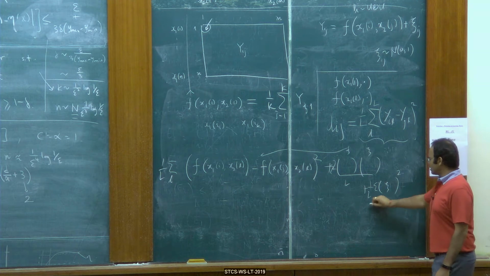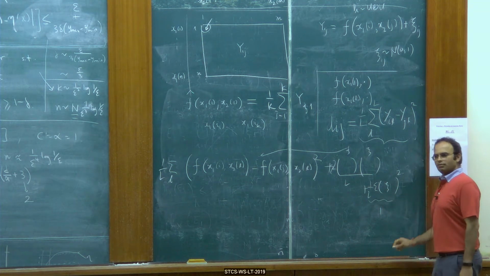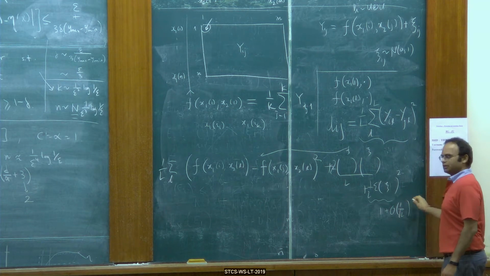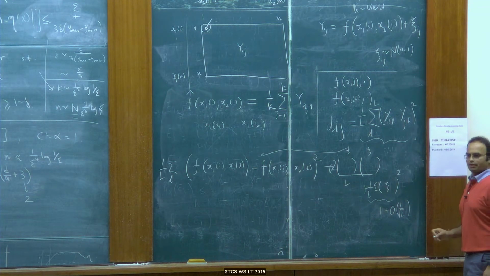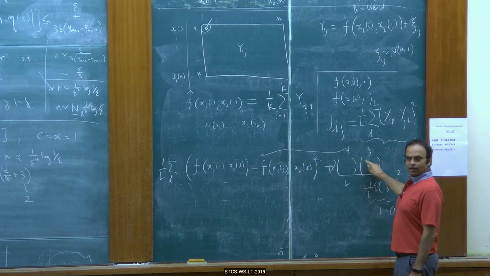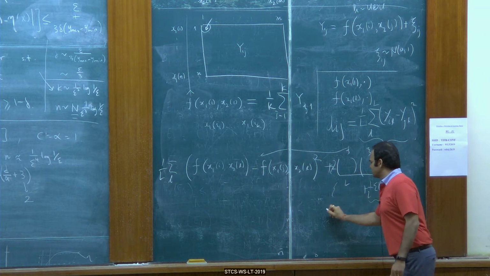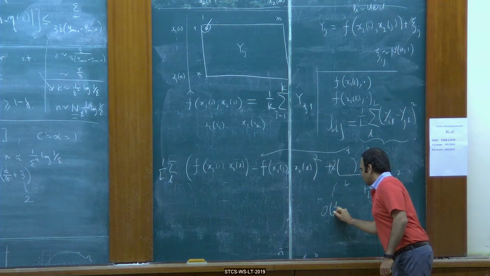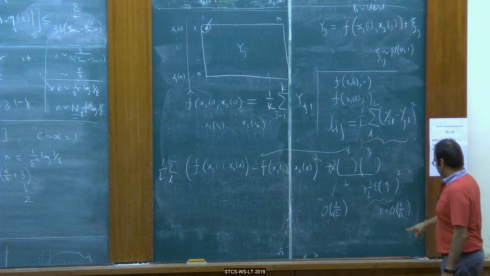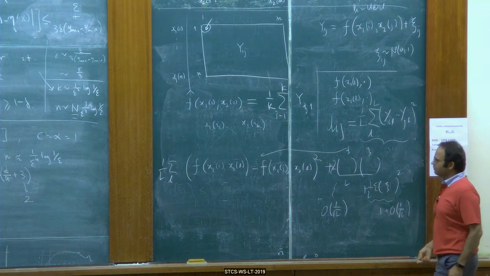So this will concentrate around its variance, let's say 1, plus some error, of order 1 over square root of L, and a little more for high probability. What about this one? This is zero mean, and all of that will work out nicely for the same reason. It is nothing but a 1 over square root of L term. So this is 1 plus order 1 over square root of L.